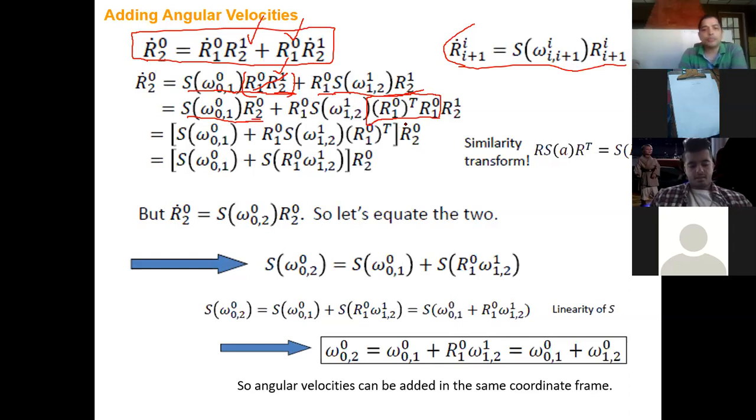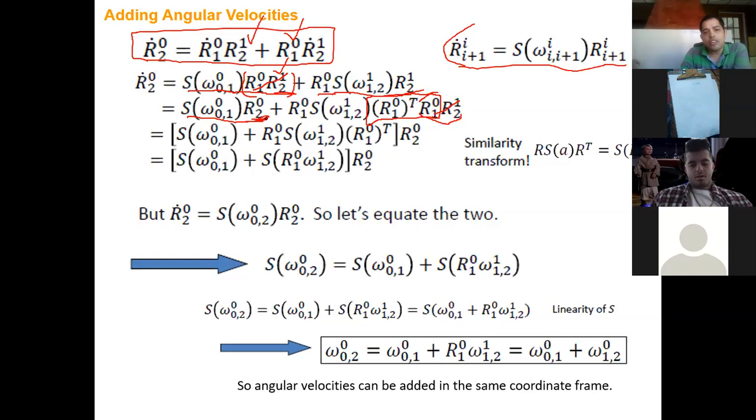If you condense these two, again by the chain rule you get R20 here too. You have R20 in both terms, so you can factor it out.